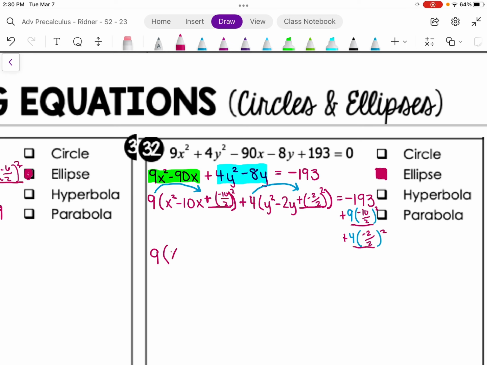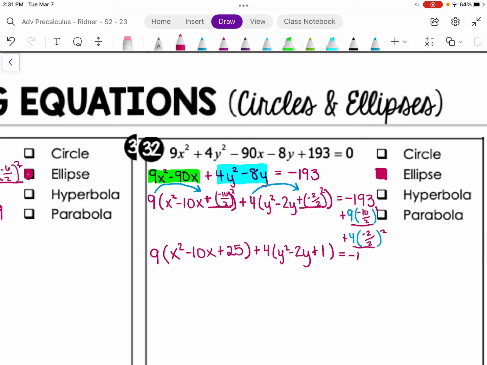So now I have 9 times the quantity of x squared minus 10x. Negative 10 divided by 2 is negative 5 squared is 25. And then negative 2 divided by 2 is negative 1 squared is positive 1.